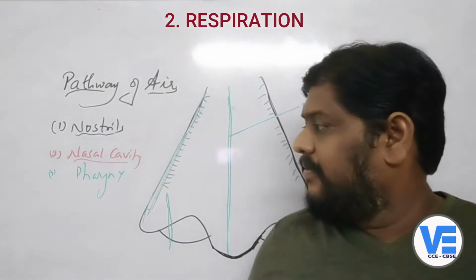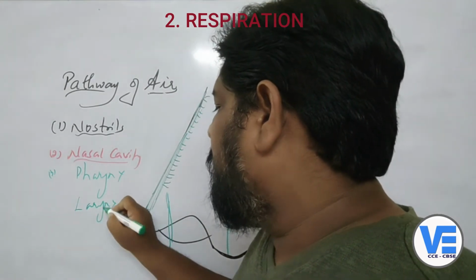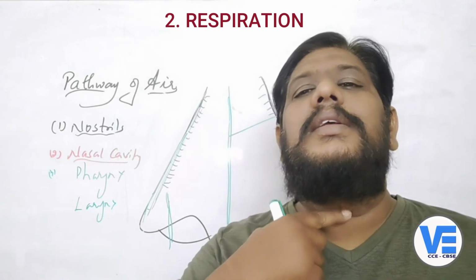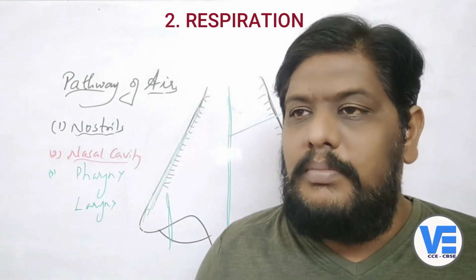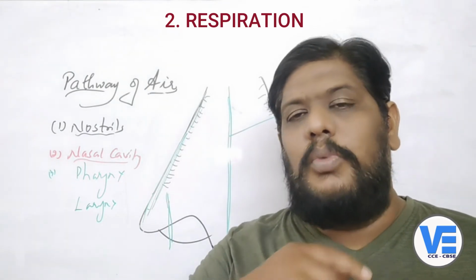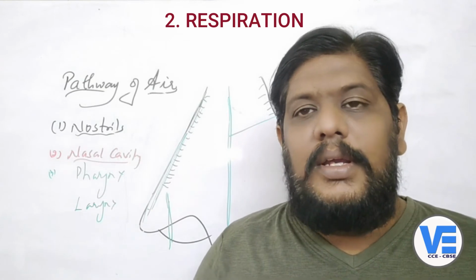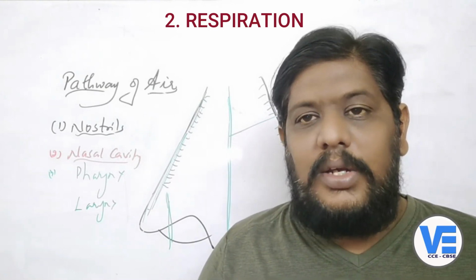The next part after the pharynx is the larynx. You can see here, this one is the voice box. The larynx is also called the voice box. The voice box consists of 2 vocal cords, and these vocal cords produce the sound so that you can talk.